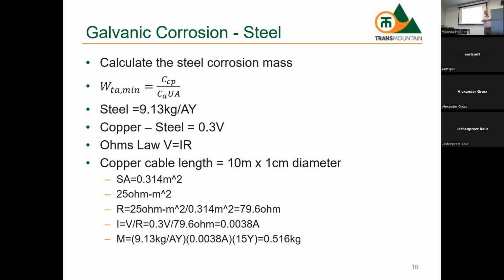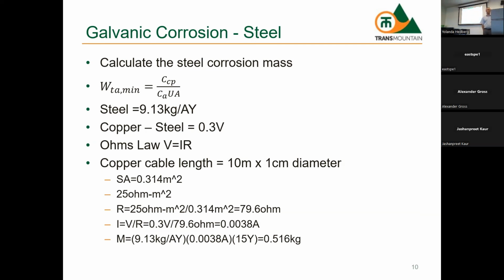Then we have the copper that's in the ground, and we calculate the resistances of that circuit and plug the resistance in. We have a surface area, we have a resistance per surface area, calculate that out to figure out how much current there is in the system. Then we use that current in our weight formula and our theoretical consumption rate of steel to calculate how much metal is actually corroded.